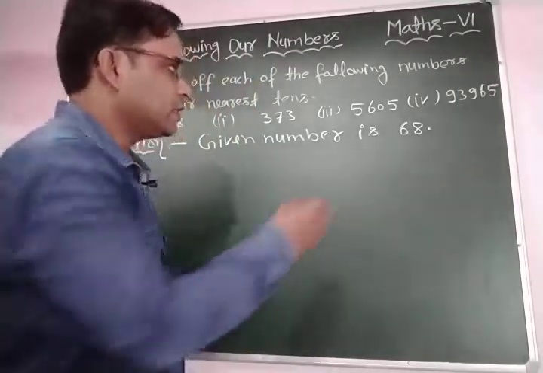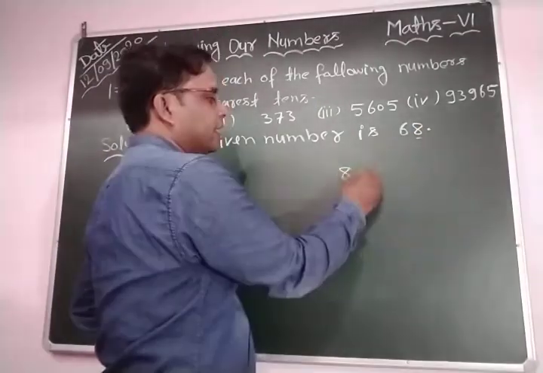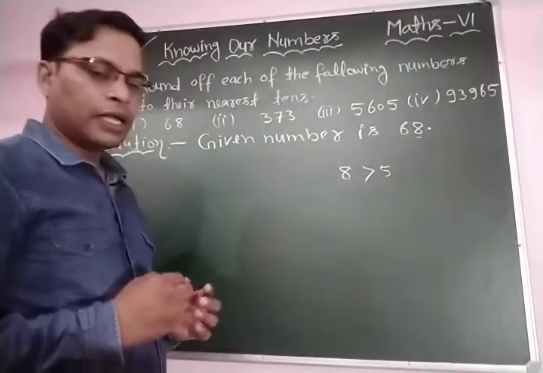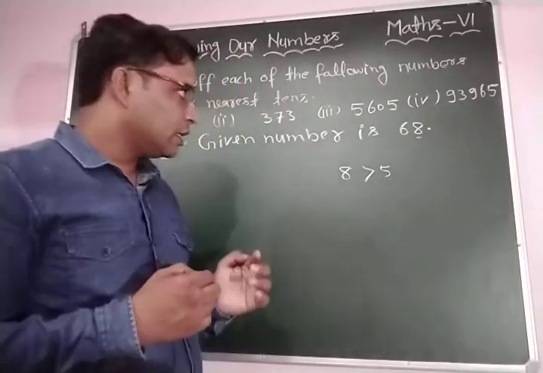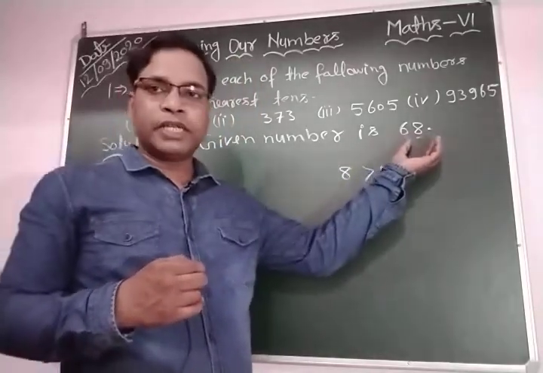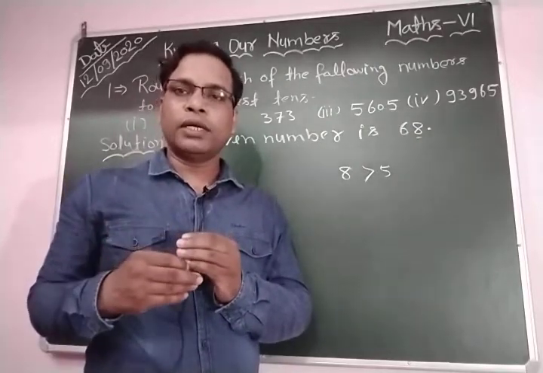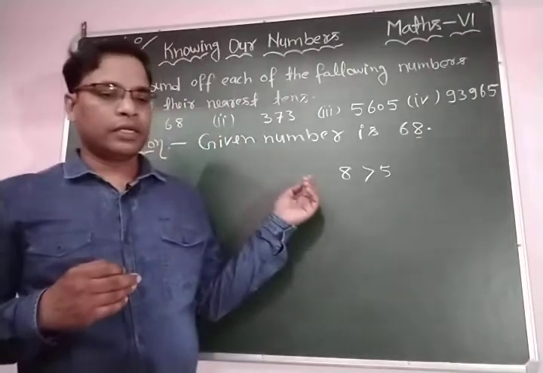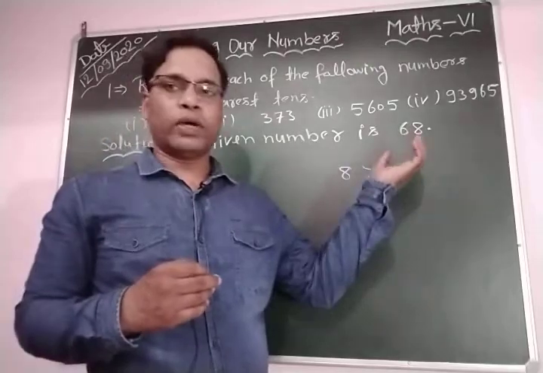Here you can see the ones place digit is 8, and 8 is greater than 5. It means we replace the ones place digit by 0 and increase the tens digit by 1.